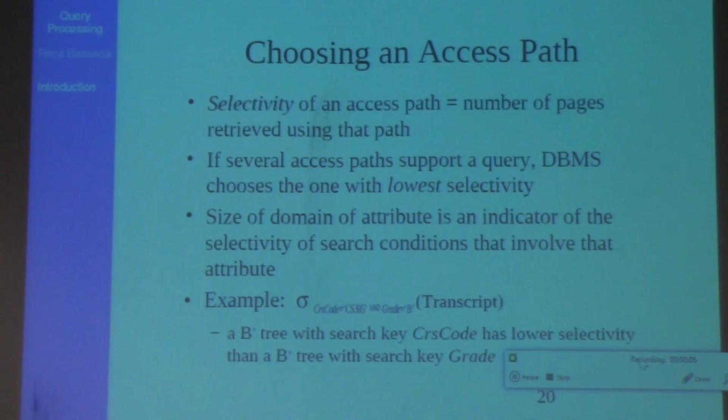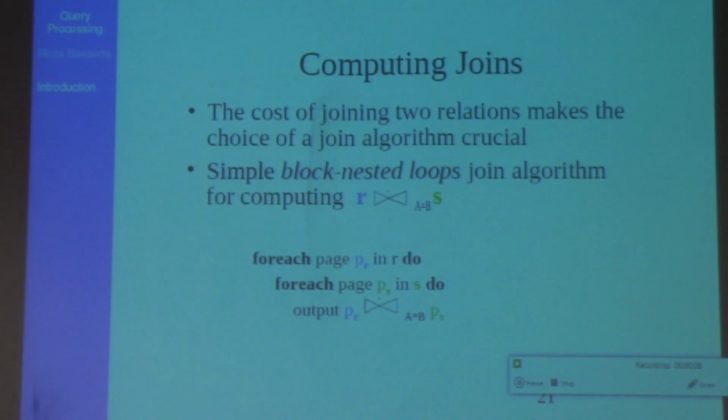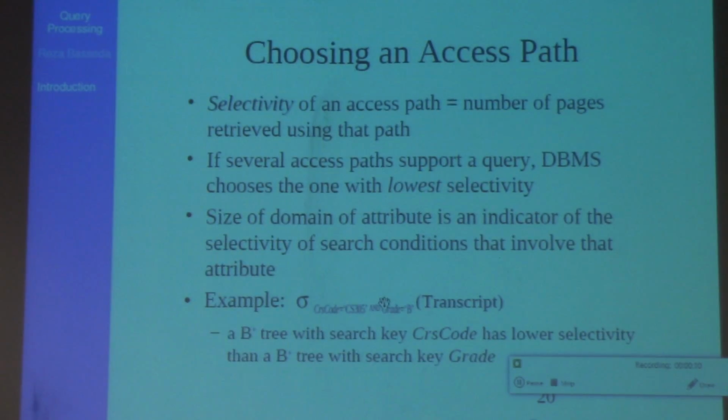If there are several access paths existing, then it uses the shortest access path.